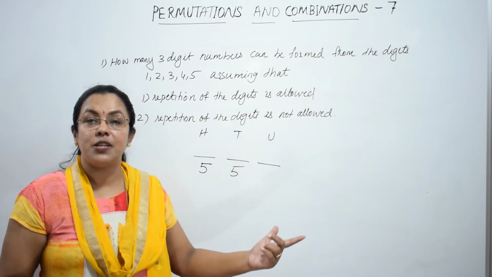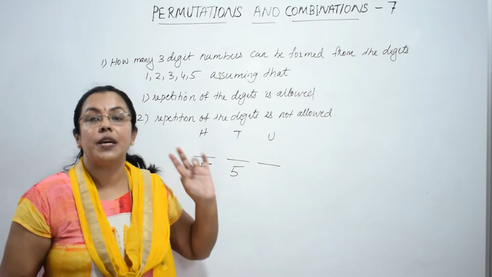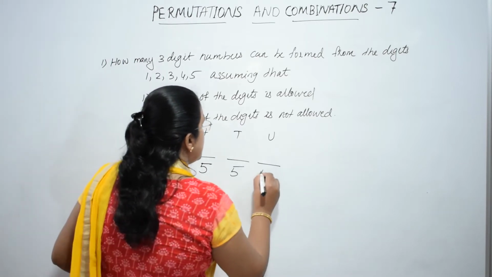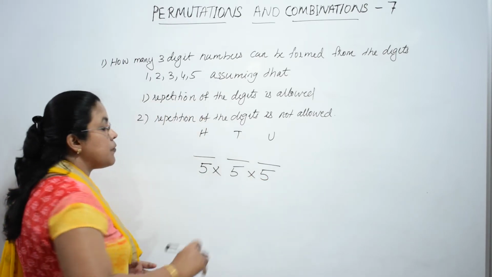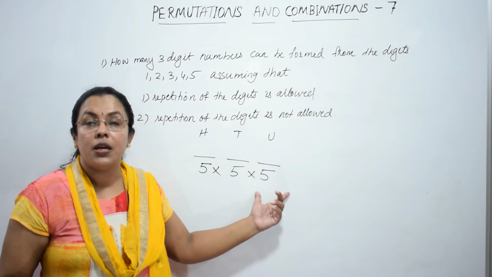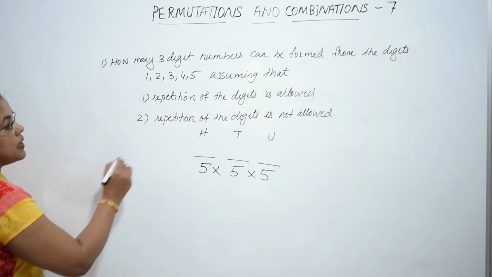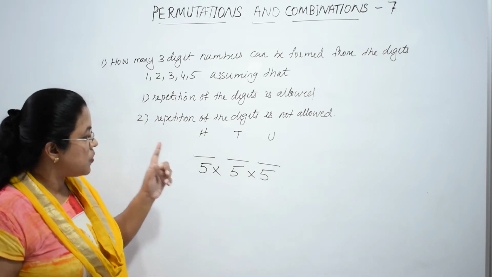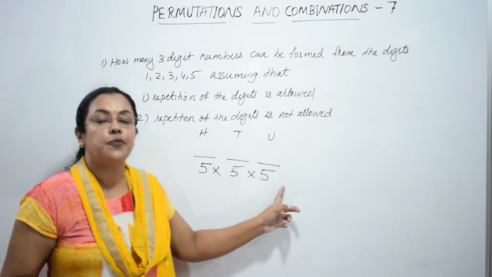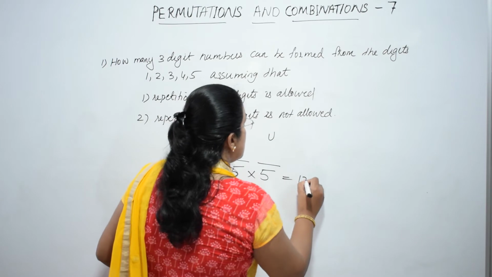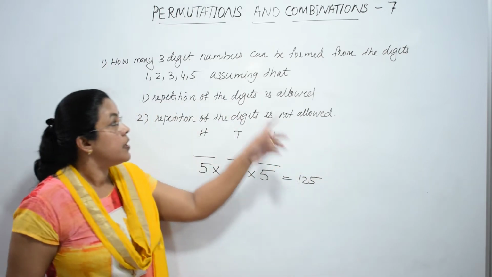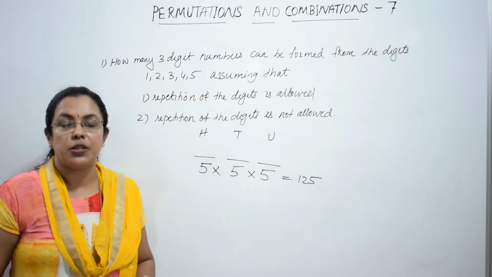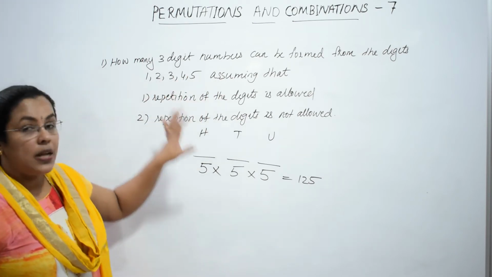Since repetition is allowed, here also we can fill the place using all the digits, so 5 different ways. Using the fundamental principle of counting, the number of numbers possible is 5 into 5 into 5, equal to 125 3-digit numbers using the digits 1, 2, 3, 4, 5. Clear?